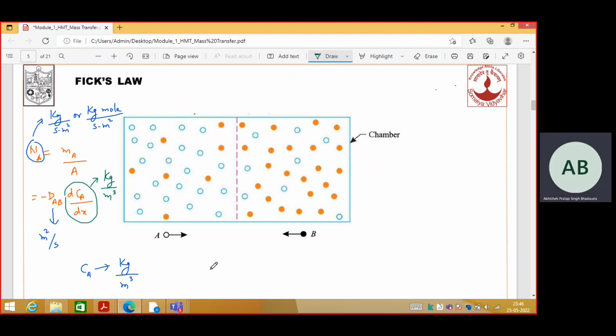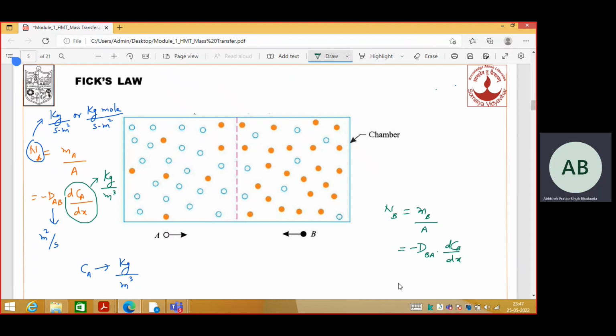Okay, so if I talk about this for the mixture B, I can write the equation like this: NB by A is equal to minus DBA into dCB divided by dx.